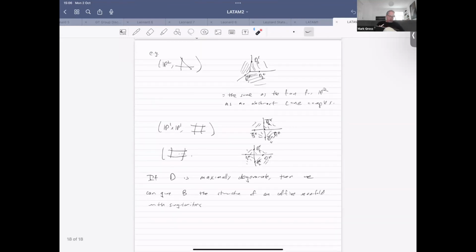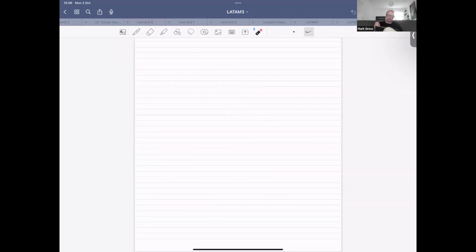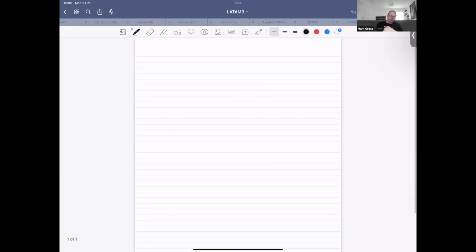Now, the crucial thing, and this is the first topic I'll discuss now, is that if D is maximally degenerate, we can give B the structure of an affine manifold with singularities. So that's what I'm going to do now. A bit of notation. So here again, fix (X, D) maximally degenerate.